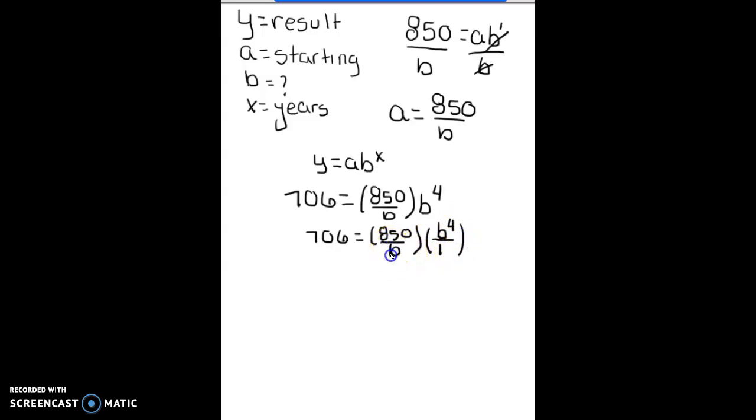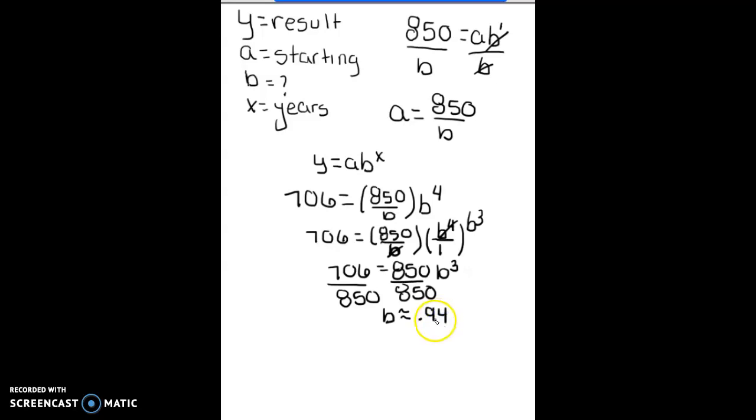If this is a b and this is b to the fourth, we can cancel that down to b cubed. So now 706 is equal to 850 b cubed. Divide both sides by 850. Get a big crazy decimal. And then when you take the cube root of it, b is approximately 0.94.